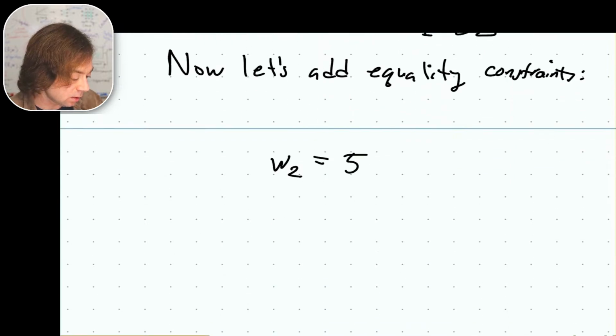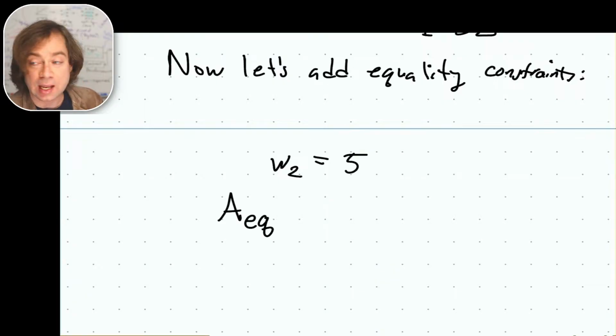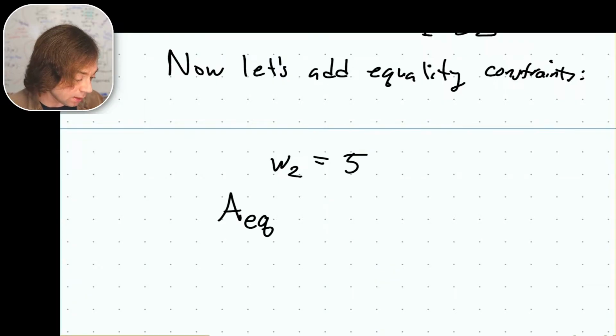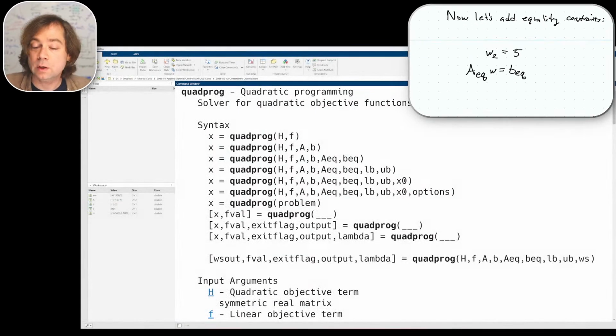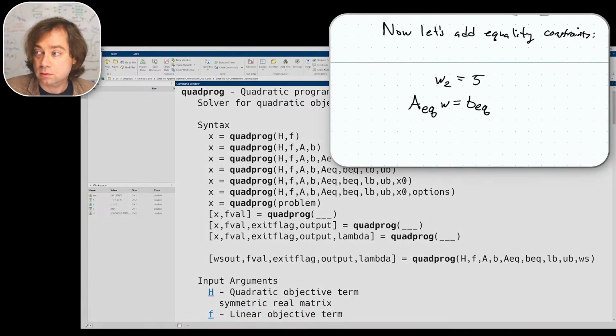You could write this as some matrix AEQ for equality constraint times W is equal to BEQ. And you can see that, pull up the code again, real quick. It allows you to put in an AEQ and BEQ, and that's what that means right there. Okay? And you can compute the AEQ and BEQ the same way we did for A and B, where A is the Jacobian, B is the leftover constants. So let's go back here.